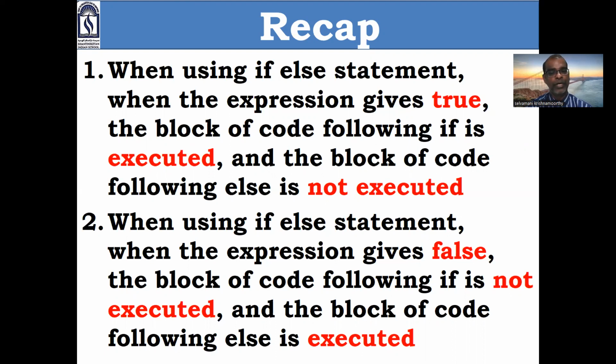Number 2: when using an if else statement, when the expression gives false, the block of statements following if is not executed and the block of code following else is executed. If the expression is false, the if statement will not execute, the else statement will execute.